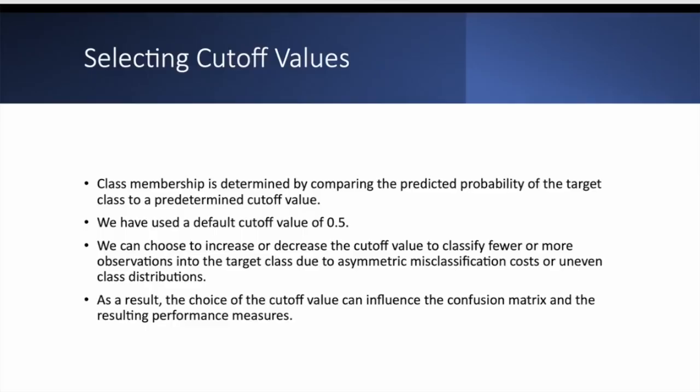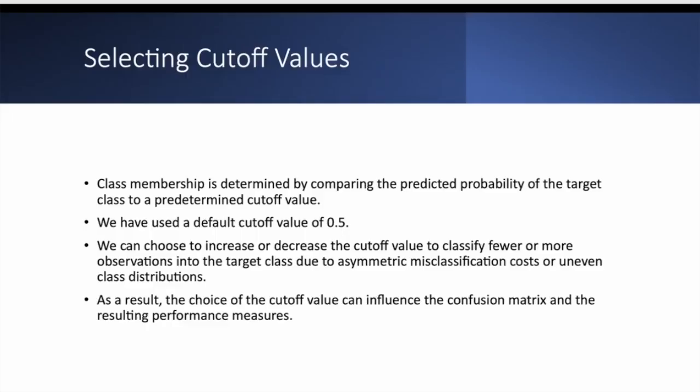Classification techniques in all supervised data mining follow a similar process where the class membership is determined by comparing the predicted probability of the target class to a predetermined cut-off value, the minimum required probability of belonging to the target class.